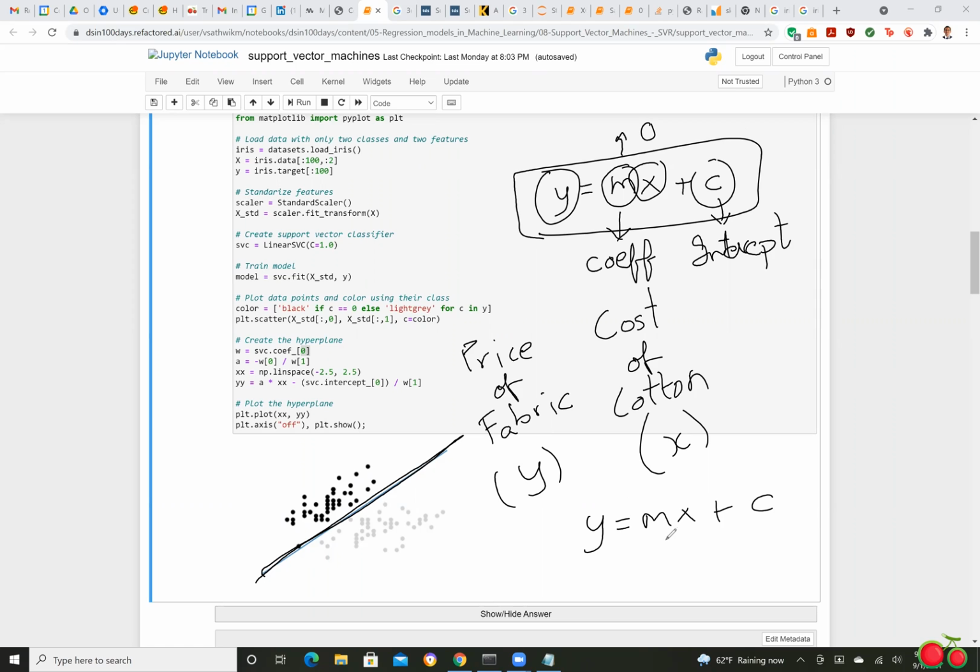I found out that m is equal to 0. What happens then? Let x take any value, let the cost of cotton be anything, y will always be c. When x is 1, 2, or 3, it doesn't matter, because it's always getting multiplied by m, which is 0.